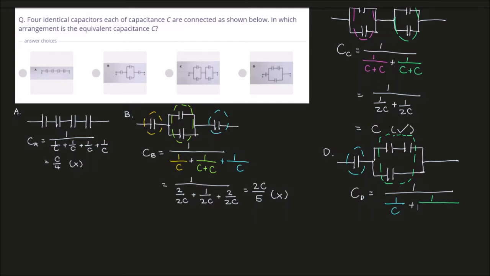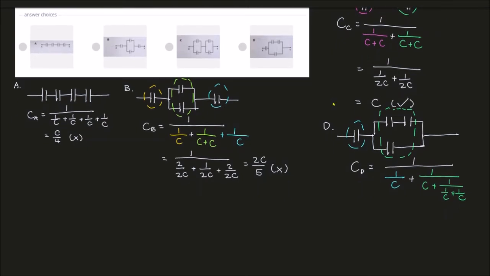This one you can add up as C, but the next one you have to find through another set of 1 over C plus 1 over C. I suggest you do it step by step, because sometimes I'm a bit short of time, so I'll just do things in a slightly shortcut way.